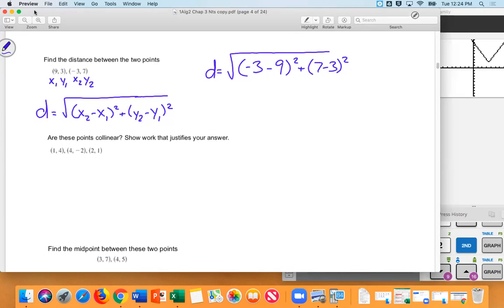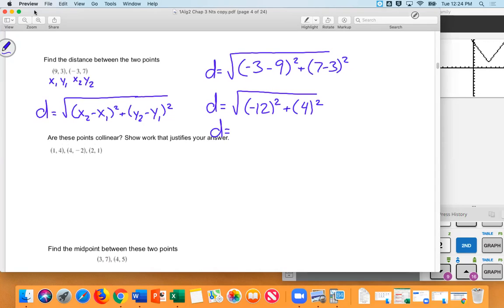Now, here, step 4 was what, Leah? Remember? Yeah, we're going to solve and simplify here. So I get d equals the square root, -3 minus 9, that's -12 squared, plus 7 minus 3 is 4, so we have 4 squared.